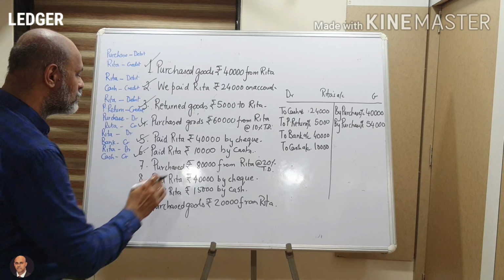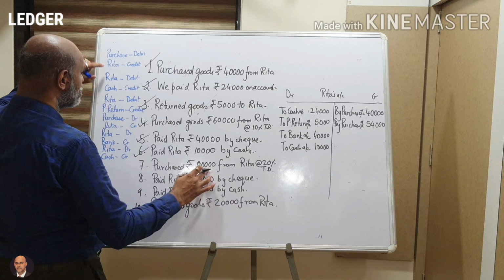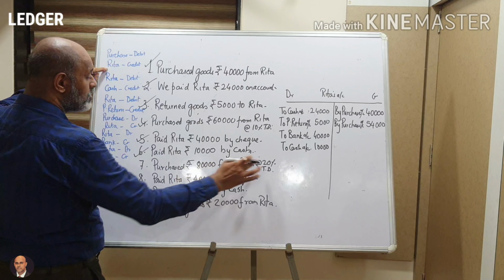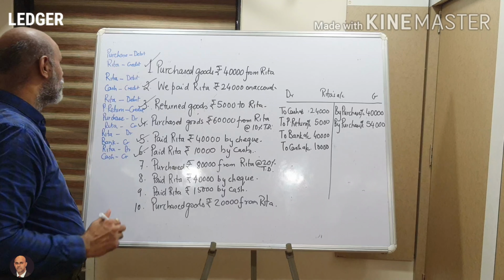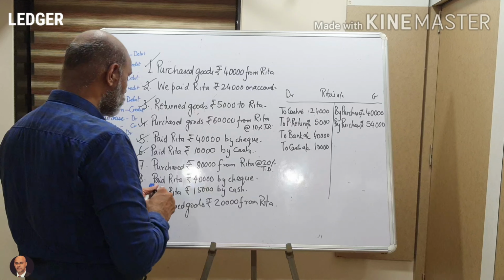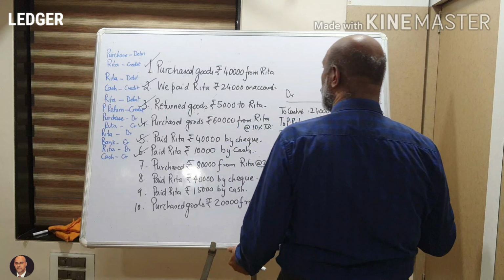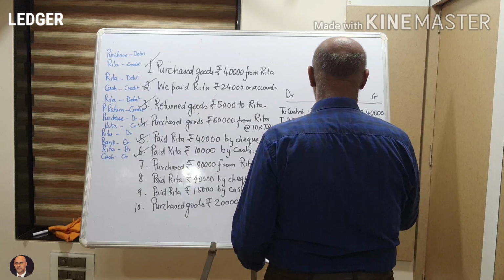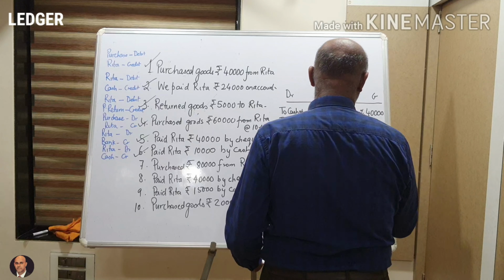Purchase goods 80,000 from Rita, 20% trade discount, same as this, purchase and Rita. Only thing here, you will minus 20% trade discount, so it will become 64,000. So go to the credit side and write down by purchase, and the amount will be 64,000.